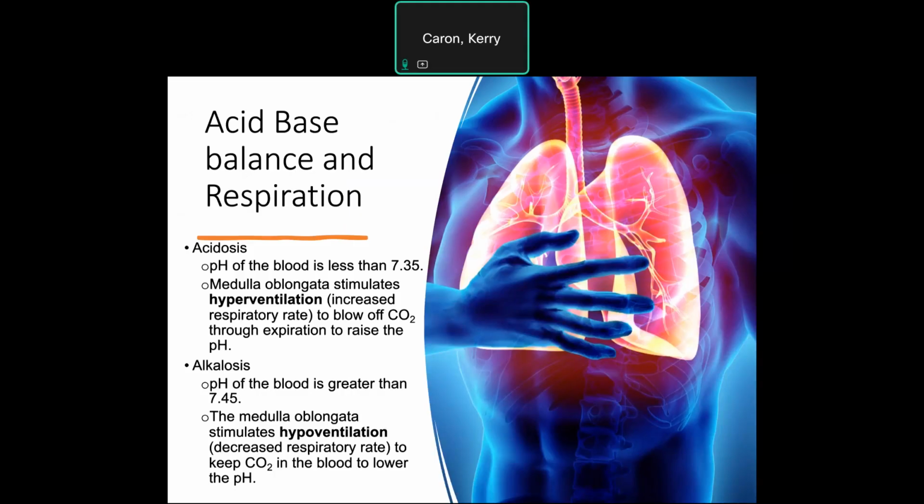So the medulla oblongata is going to tell the lungs, hyperventilate, breathe more fast, breathe more deep, get rid of excess CO2. And that should raise the pH. If we're in a state of alkalosis, so higher than 7.45, the medulla oblongata is going to do the opposite, telling us to hypoventilate. So slow it down so that we can keep the CO2 and lower the pH, keep the acid.